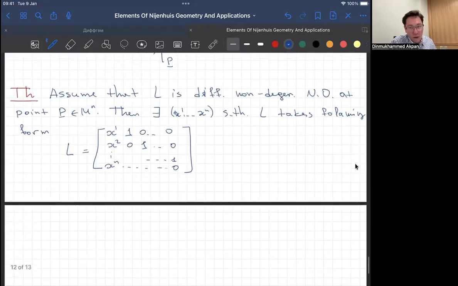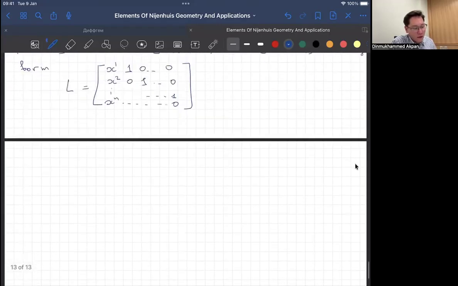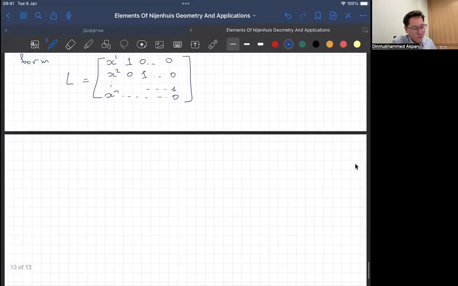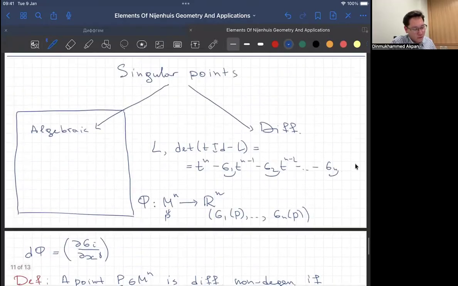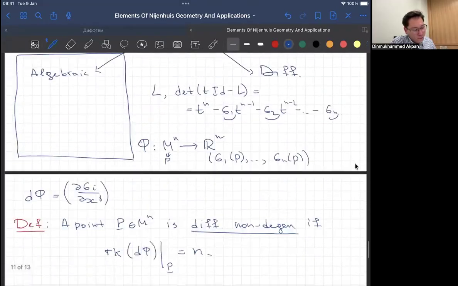To prove this theorem, it takes about five minutes after this very useful lemma.